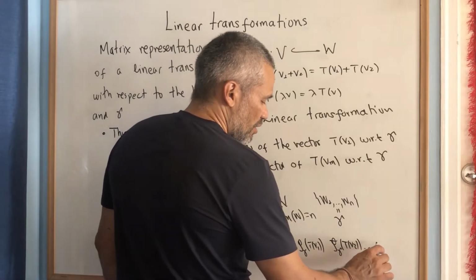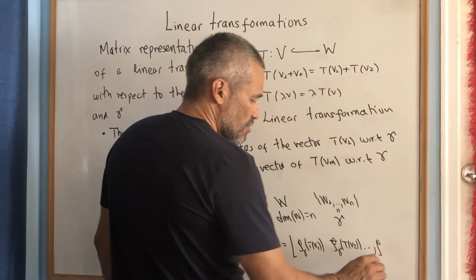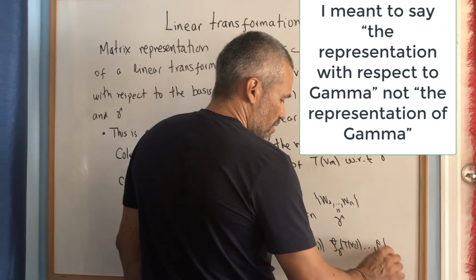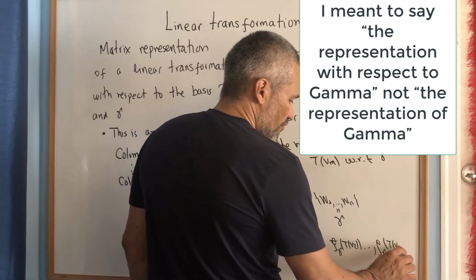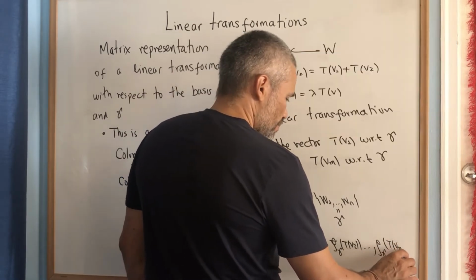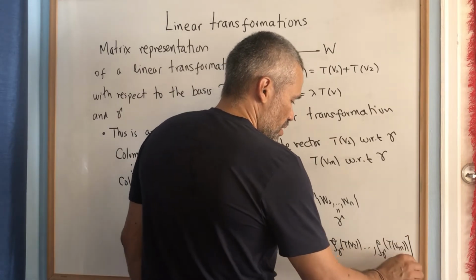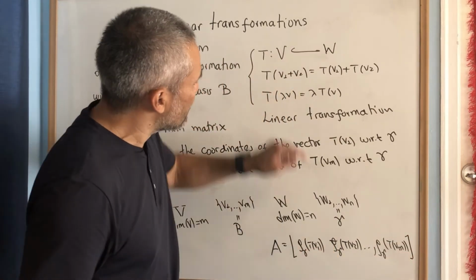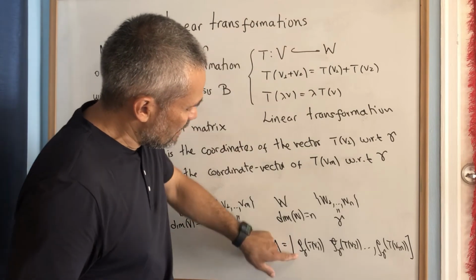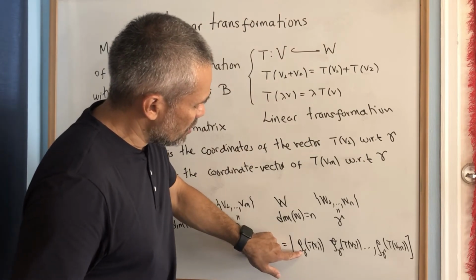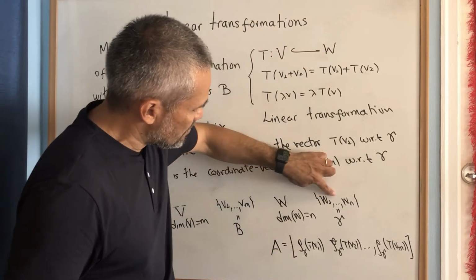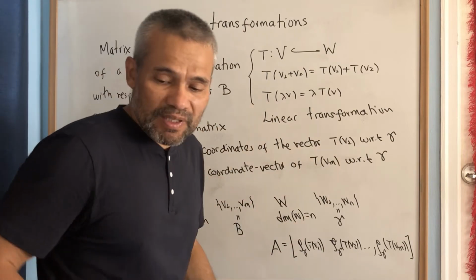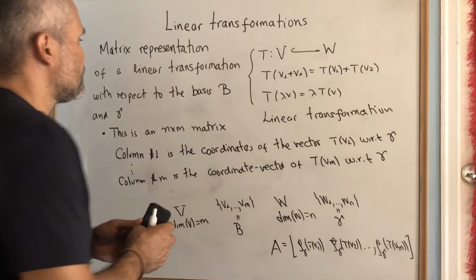And the last column is the representation with respect to gamma of the vector T of bm. Notice that T of b1 is a vector in W, then it makes sense to talk about the representation with respect to this basis. Let's do an example.